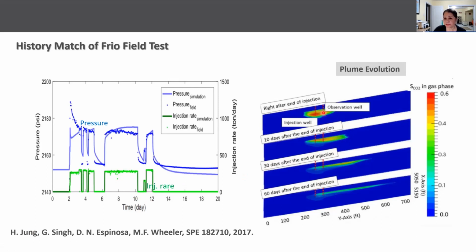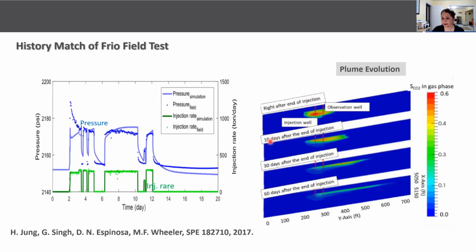For example, when you inject CO2, it's going to move up like any other gas, and it's going to accumulate below the seal. That's called the plume. And after the injection stops, the plume is going to continue moving till it becomes completely residual or mineralized, and at that point it's going to stop. So this plume here, this is the observation well, this is the injection well, and this is right after the end of the injection.